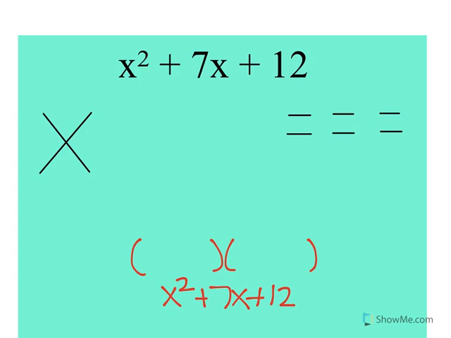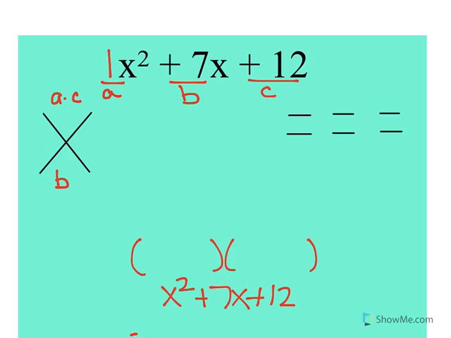The first one is we write down whatever a times c is, and that answer goes here, and the b number goes right there. So let's look at our trinomial, x squared plus 7x plus 12. Remember that 1 is what's attached to the x squared, that's your a, b is your 7, and c is your 12. So I need to find two numbers that are going to multiply to a times c.